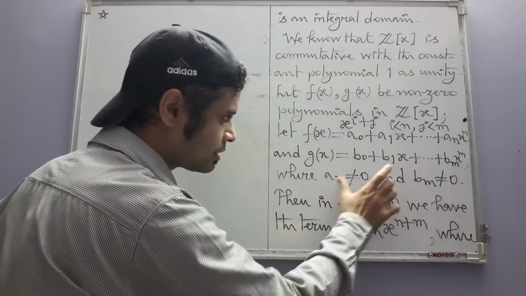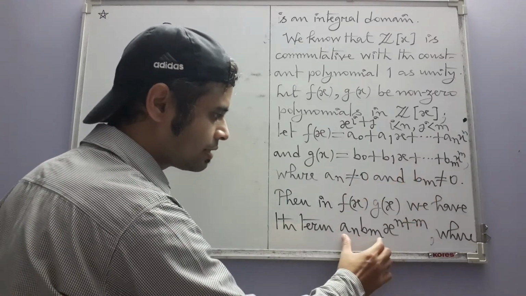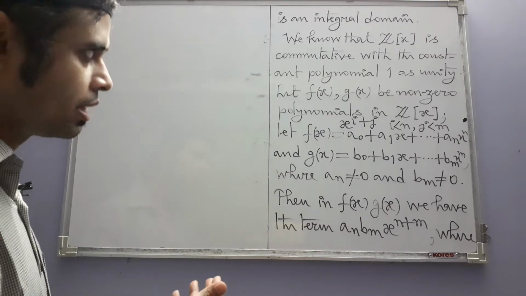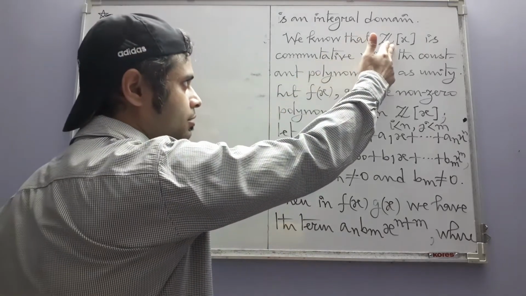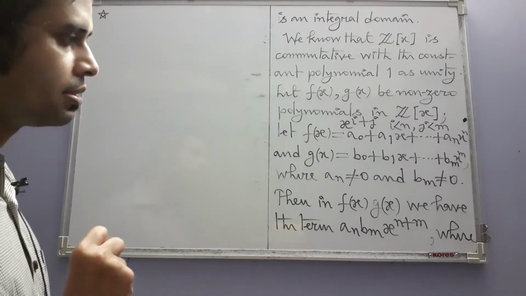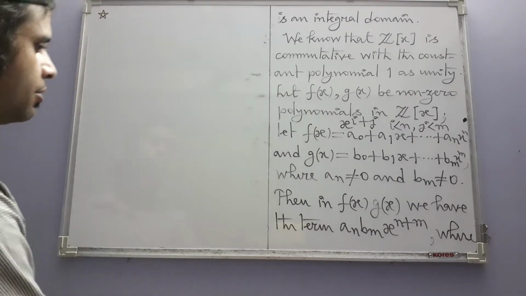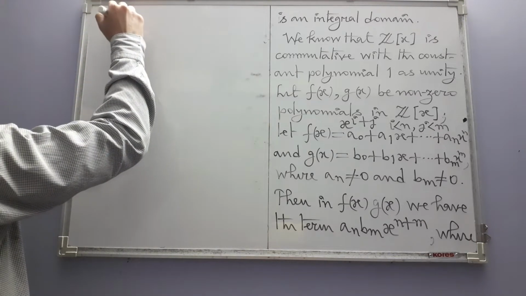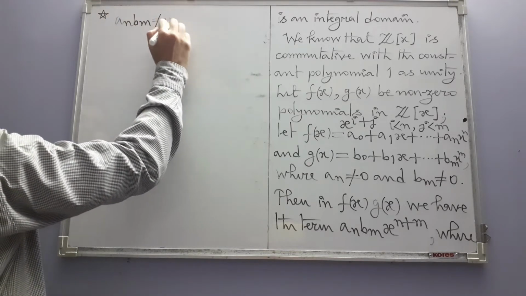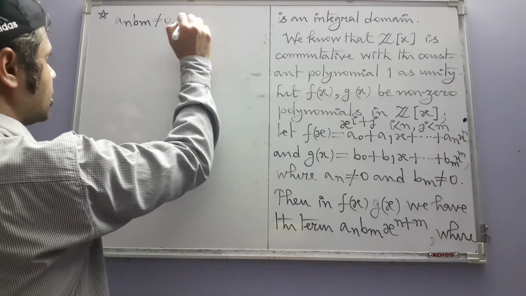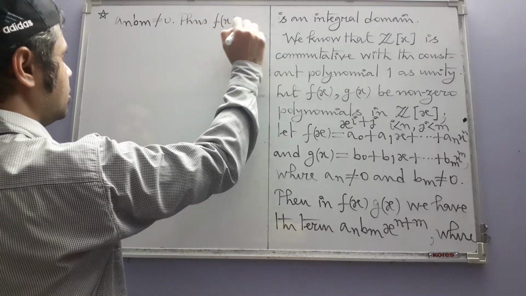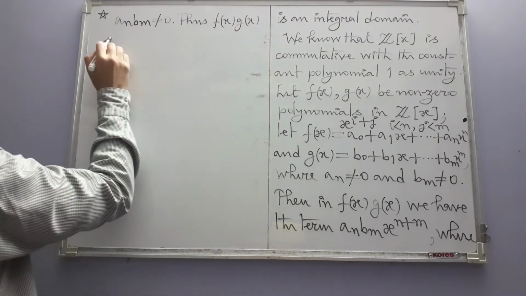So non-zeroness of these two things implies non-zeroness of an bm. So that is why the ring of polynomials with integer coefficients is also an integral domain, where an bm is non-zero. Thus f(x)g(x) is non-zero.